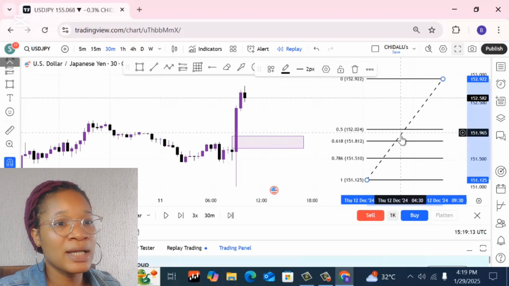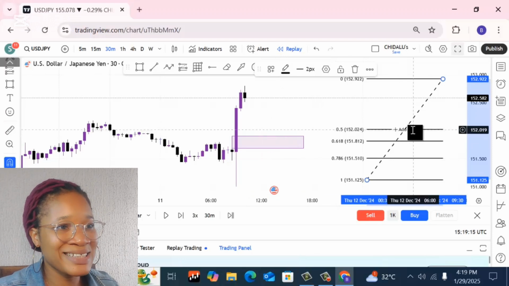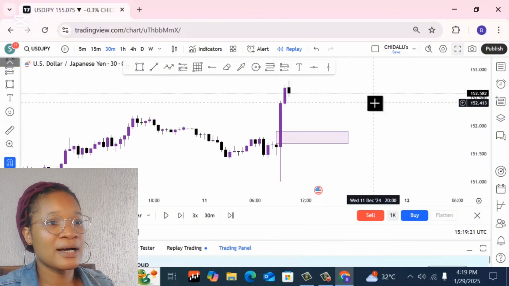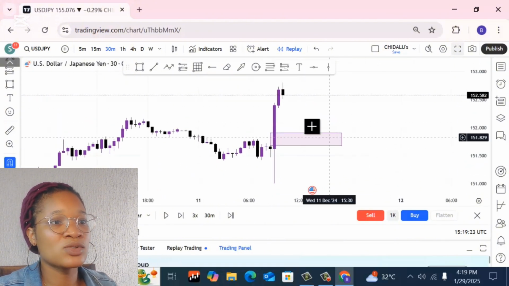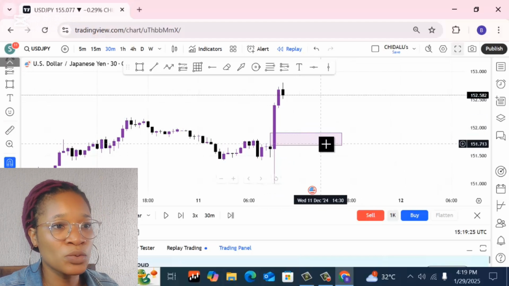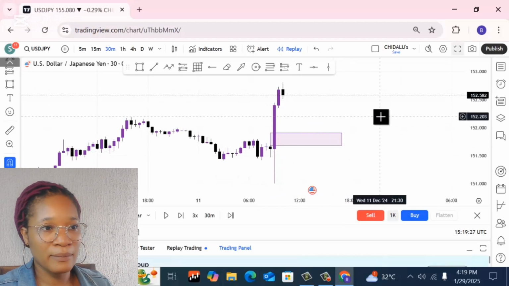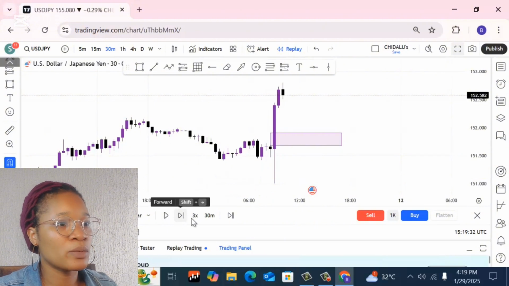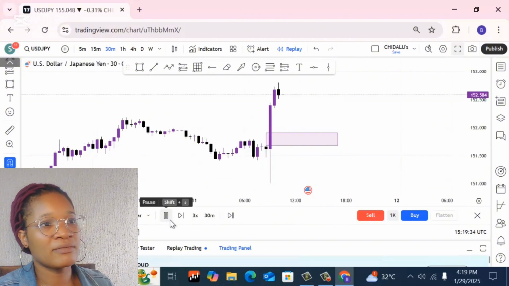Okay, so I don't think we have any need again for this Fibonacci tool, so I'm just going to take it away, and that is it. So if I see price coming anywhere into this zone, then I would be able to take my trade, right? So let us see what price did after that.